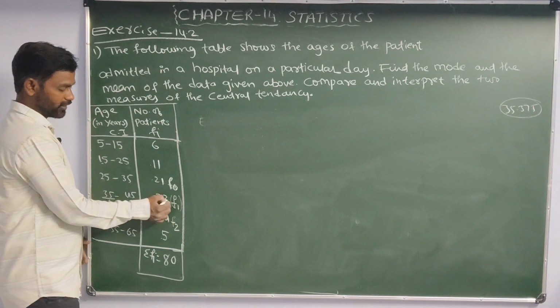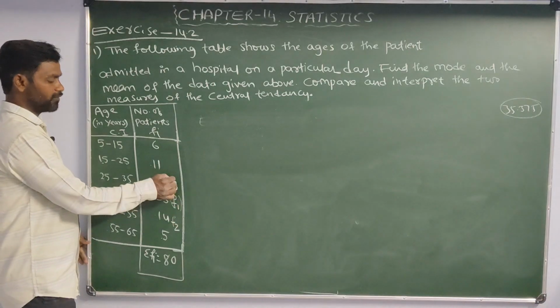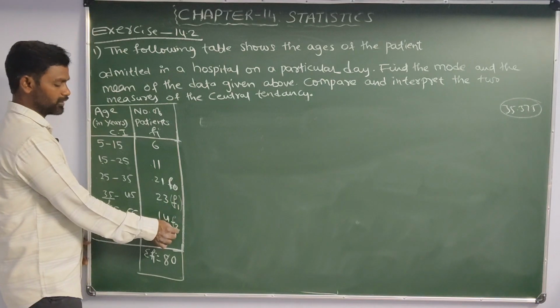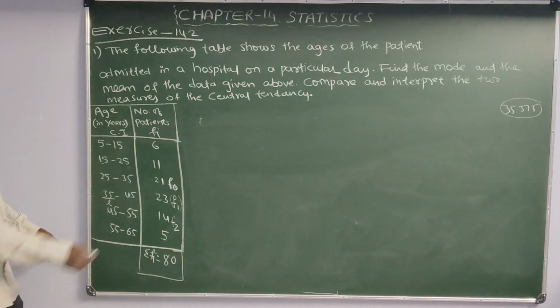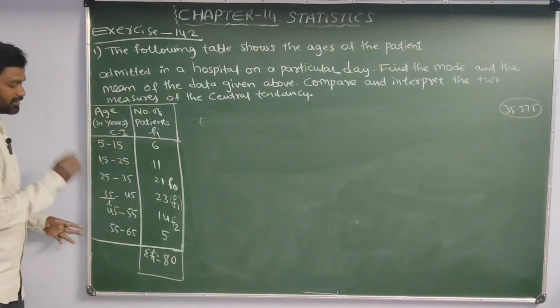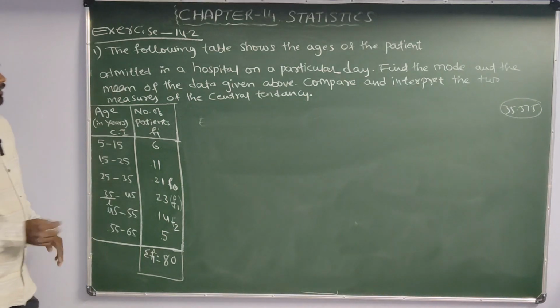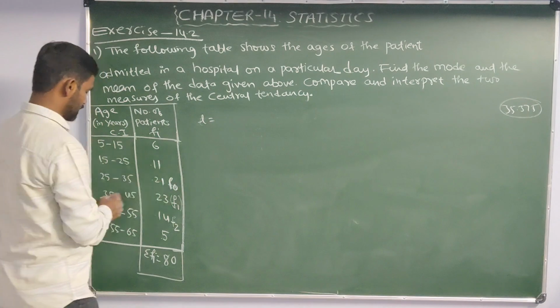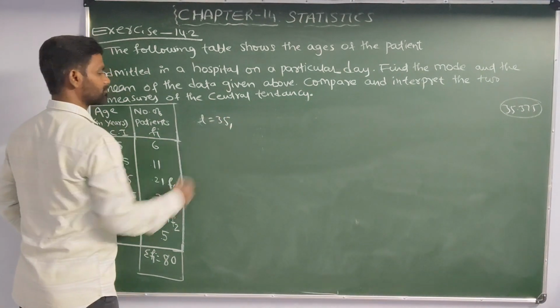So the highest frequency is 23. Above that is F0, the preceding frequency. Below that is F2, the succeeding frequency. And the lower limit of the highest frequency class is L. Let us write all those things. L is 35.